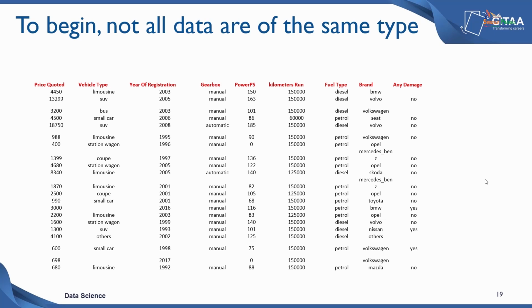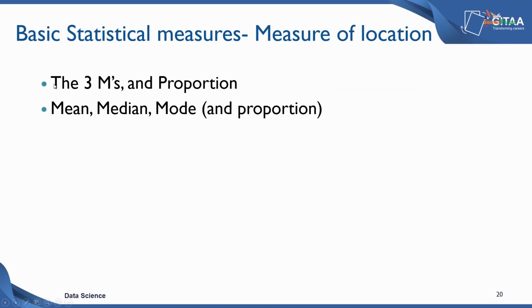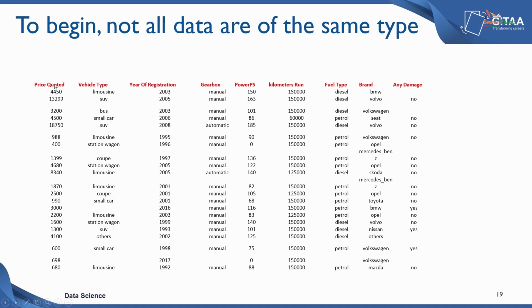As I said, this is only a sample of the data. We have about 43,000 pieces. So if somebody wants to know the kind of price that a used car would get, we have various values here, ranging from 4,450 to 18,750, etc. There's no sense in telling somebody here are 15 different values that a particular used car can get.